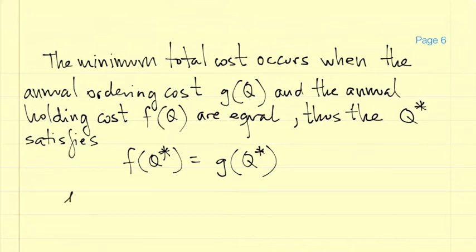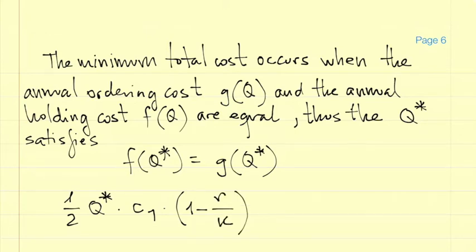So this means that 1 divided by 2 times Q star times C1 times 1 minus R divided by K equals CS times D divided by Q star.